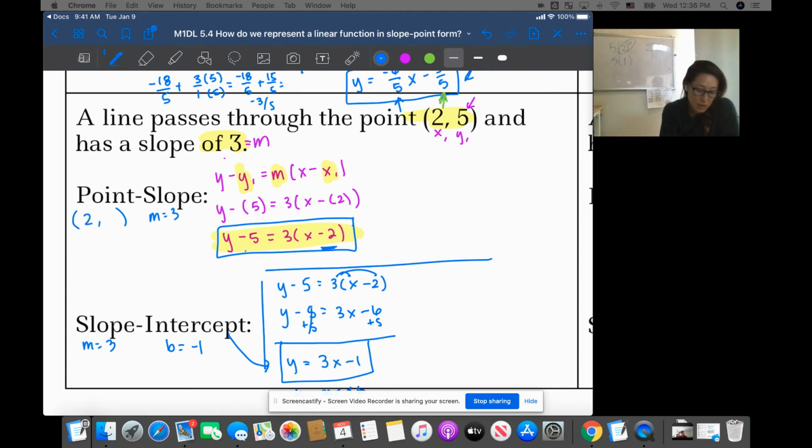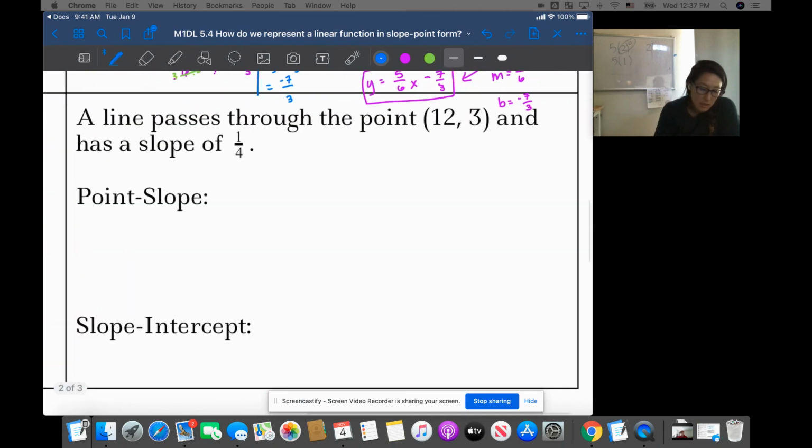So 2, and then the opposite of the number after the y. So instead of -5, I go through +5. Right? So you should be able to get clues from seeing an equation in point-slope, and then also when you're given information, being able to write the equation in these different forms.